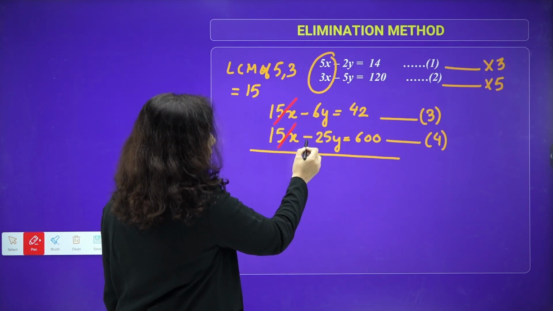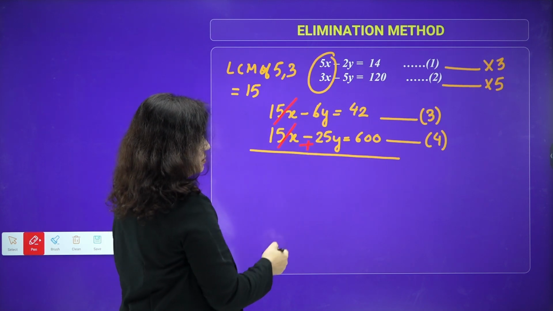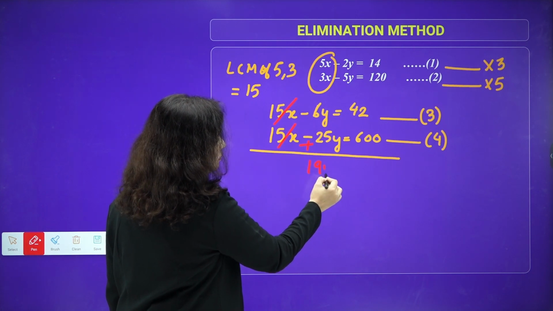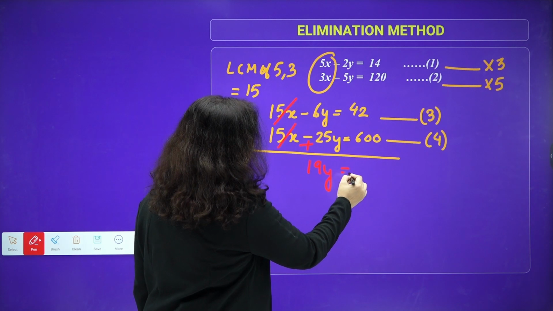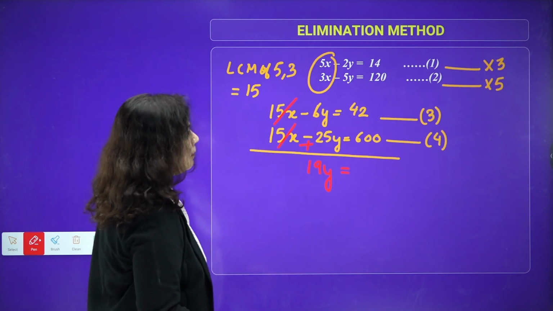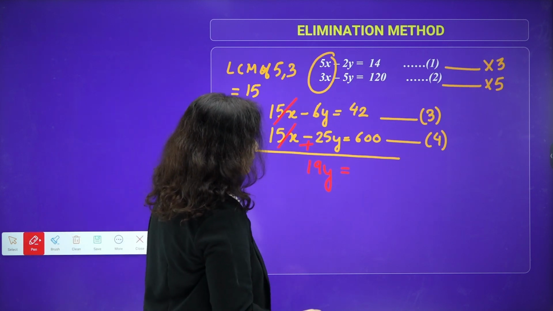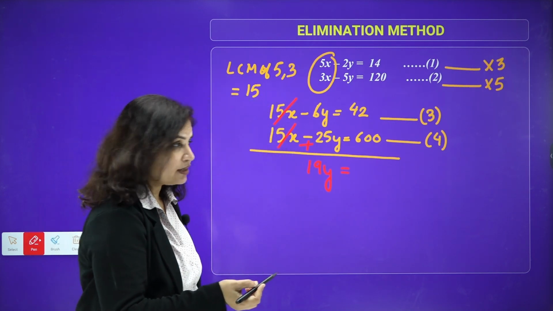Minus 6y minus 25y, this will become plus. So this becomes 19y equal to 42 minus 600. What will be 42 minus 600? I'll get an answer in negative.